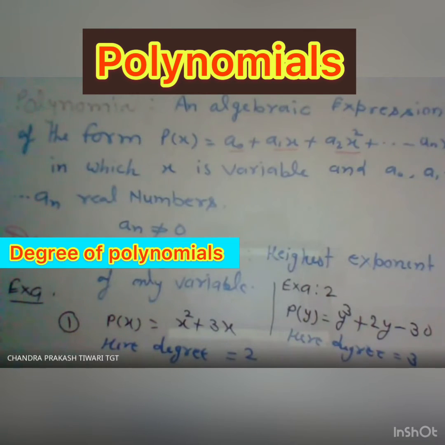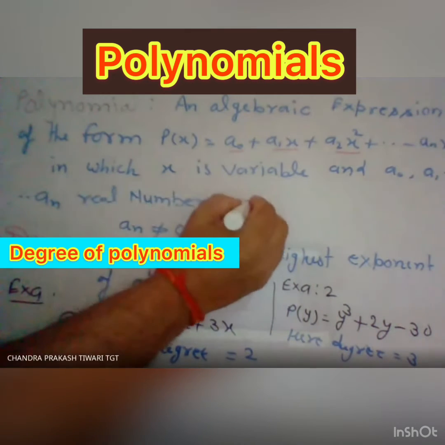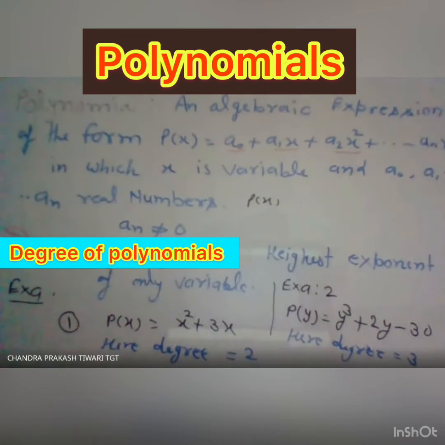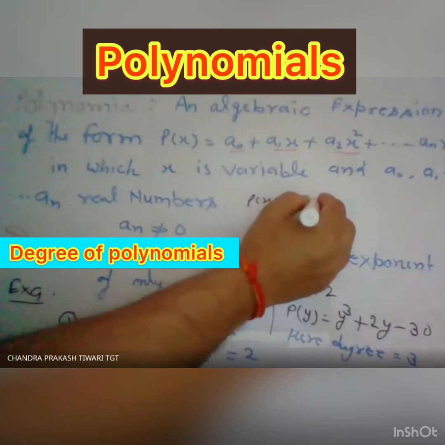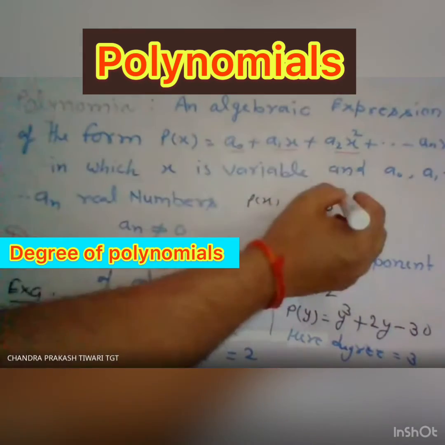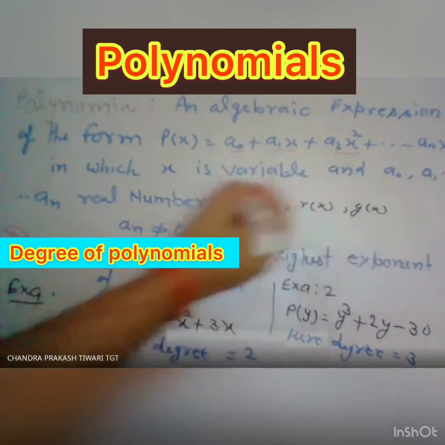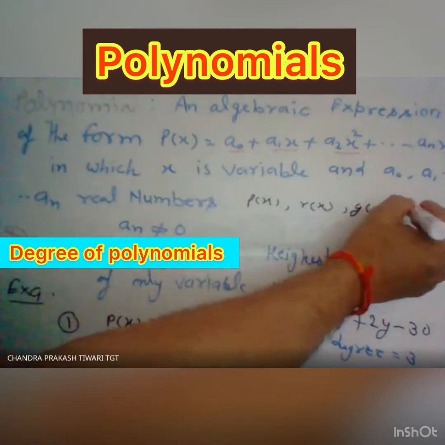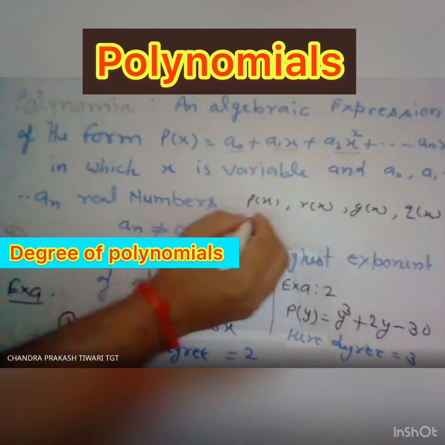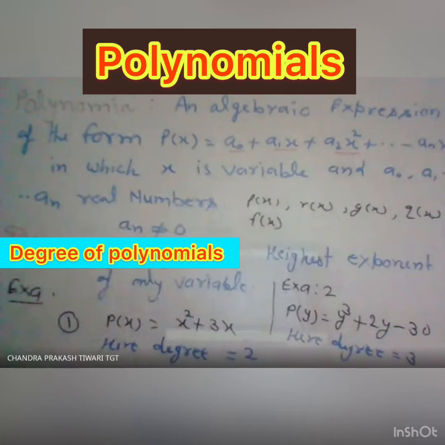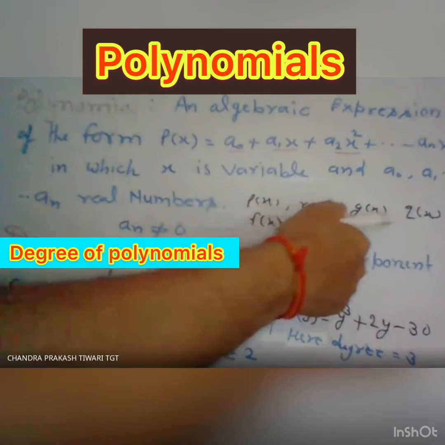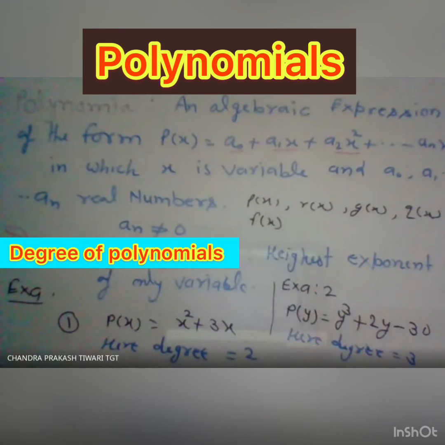But I want to tell you that you can represent the polynomial by different notations. px is the notation of polynomial, rx is the notation of polynomial, gx is the notation of polynomial, qx is the notation of polynomial, fx is the notation of polynomial, and this x denotes that the polynomial has the variable x.